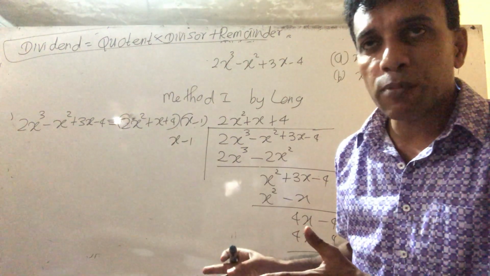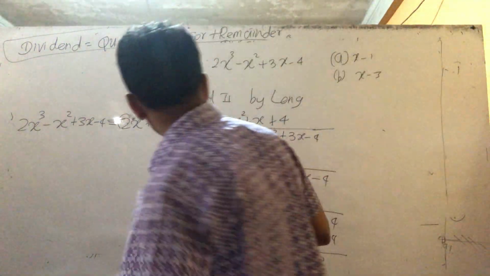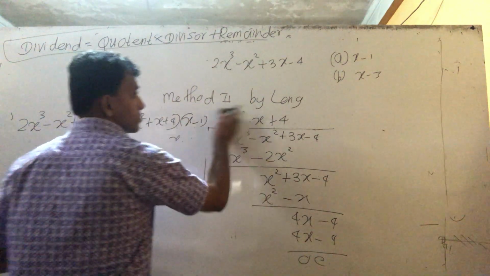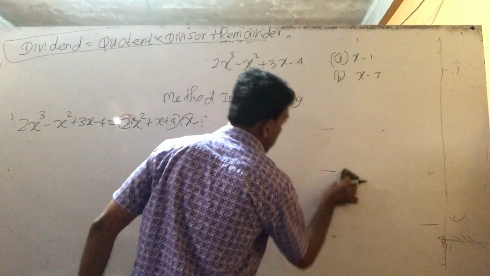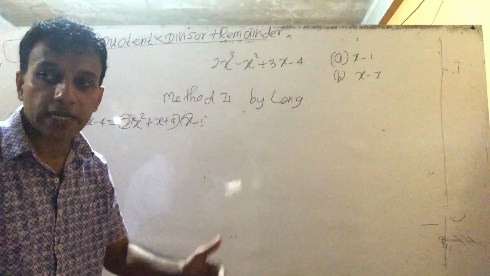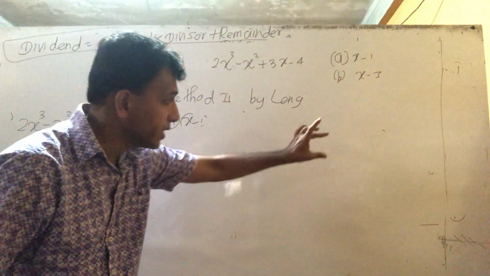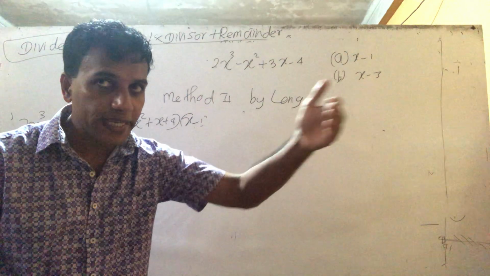Also I showed the same one by using the synthetic method. Follow the mechanical part as I explained in the previous two examples, the mechanical part of using synthetic. So very first you write the coefficients in order, from highest power to least.